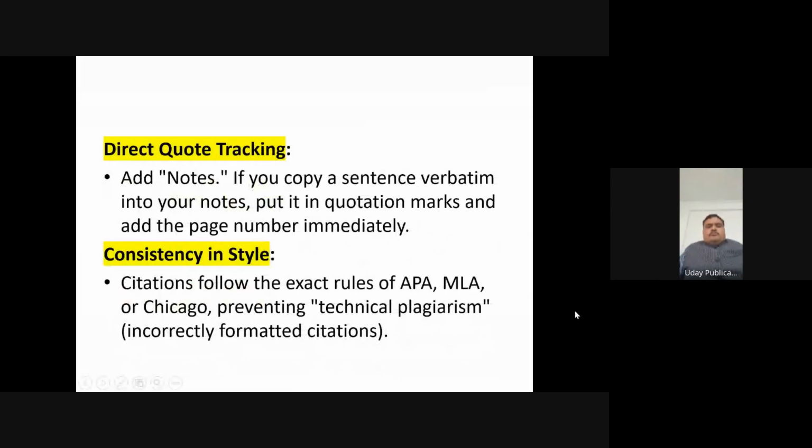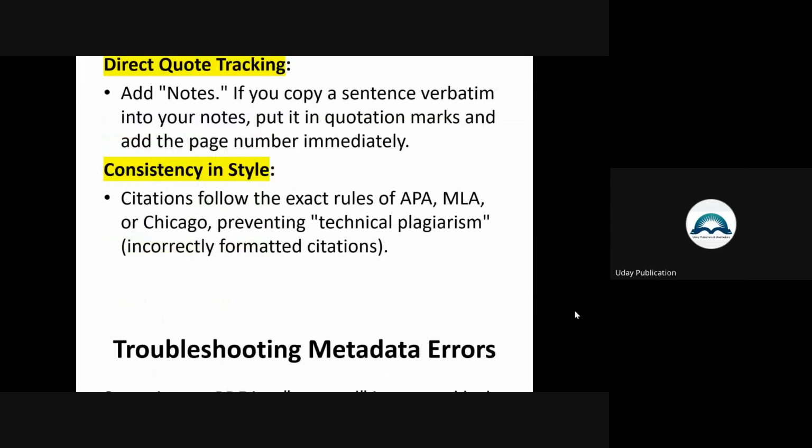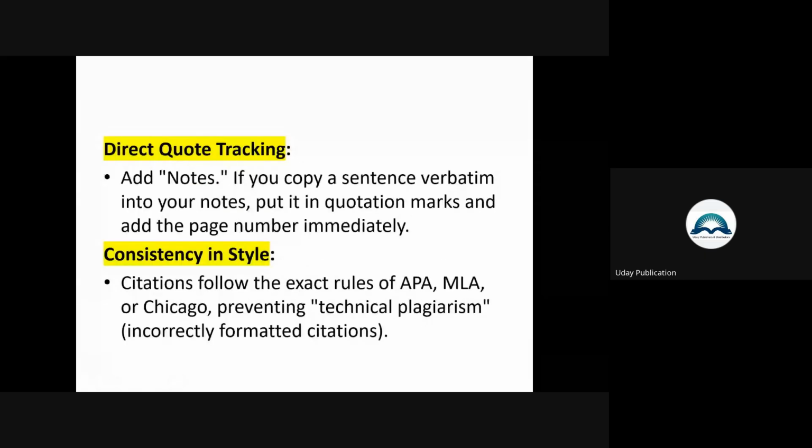So this is what we were identifying here. The three methods were there previously. We have seen the placeholder method, and another one is direct quote tracking. Now, with direct quote tracking we can add the notes. If you copy a sentence verbatim into your notes, you can put it in quotation marks and add the page number immediately.